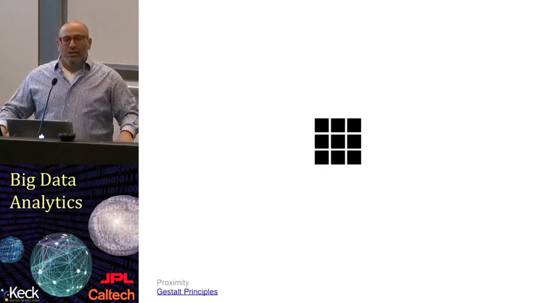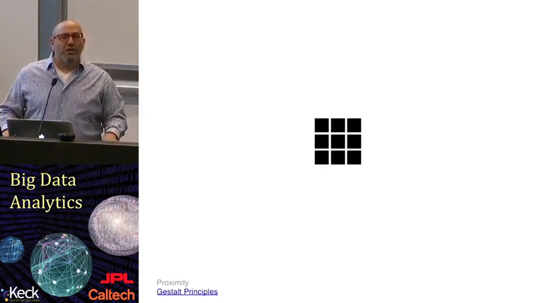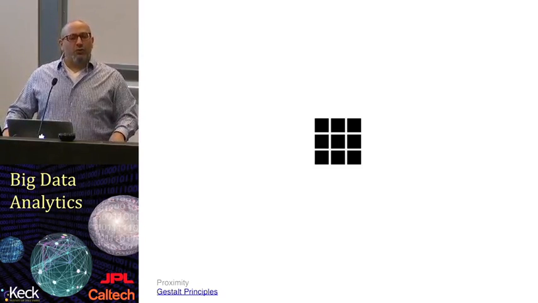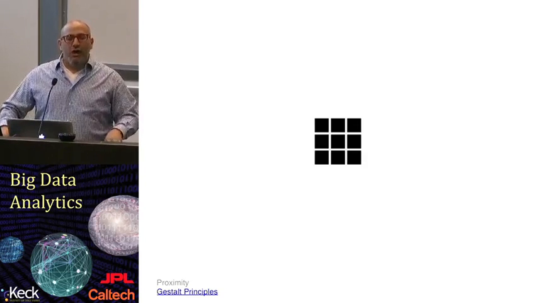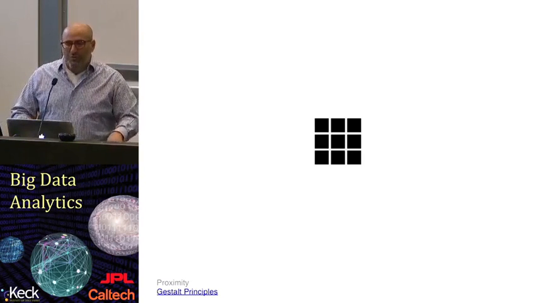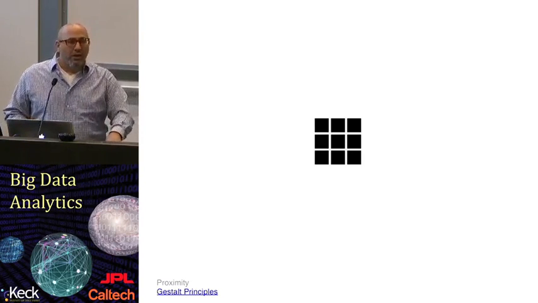When we see dots that are closer together, we interpret that to mean similar. It's really important that we understand that, because as you create visualizations, it's very easy to accidentally put things together that don't have the same semantic meaning. We need to be very careful of this, because when we see shapes, we infer meaning.